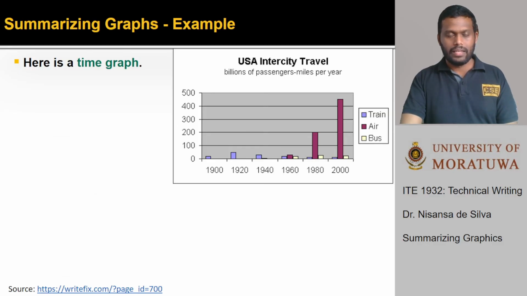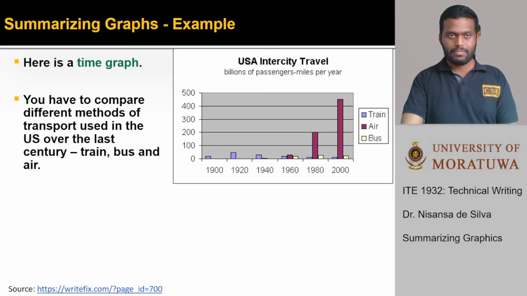Here is an example of summarizing graphs. Here's a time graph. You have to compare different methods of transport used in the United States over the last century: train, bus, and air.